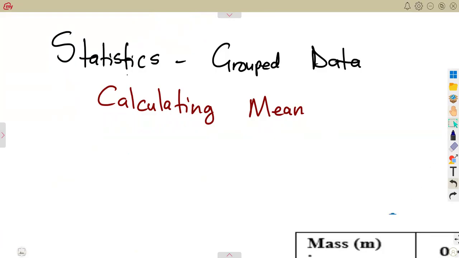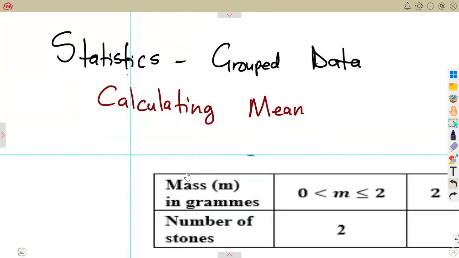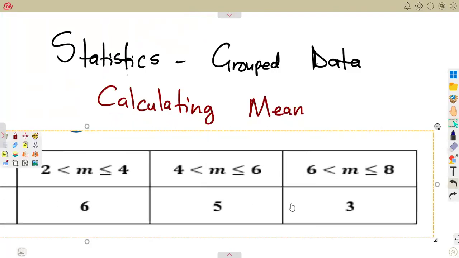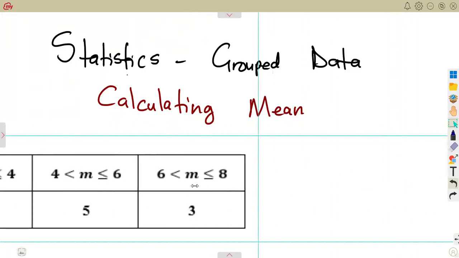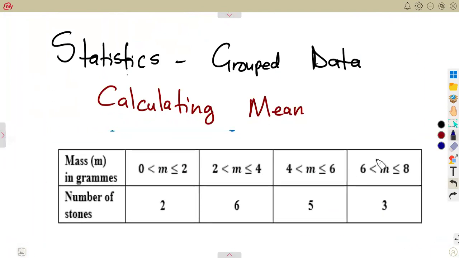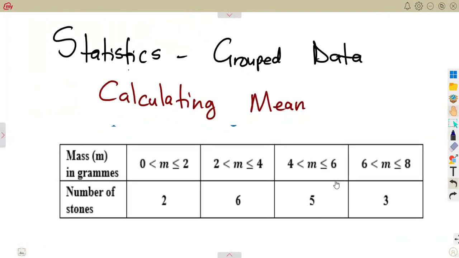All right, so I'm going to relate to this question that we have here. Let me get our question. We are given the mass M in grams, the number of stones, and from this you're asked to calculate the mean. This is grouped information.